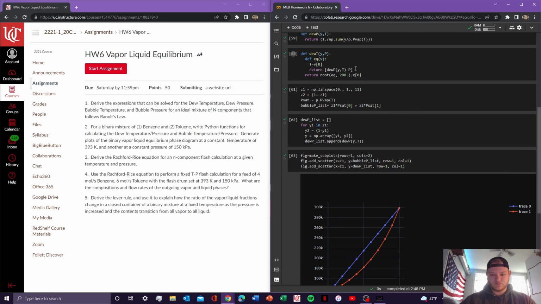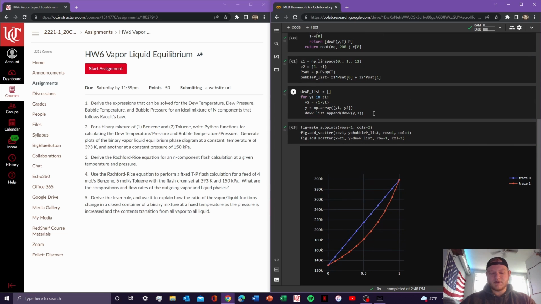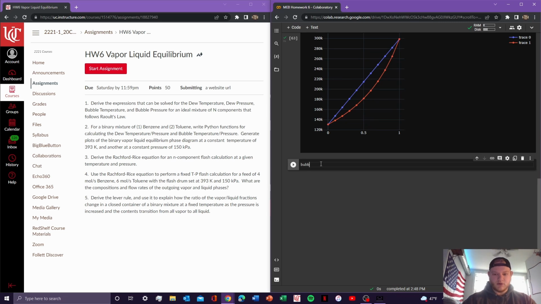So it's going to be somewhat similar to this up here, except we're going to need to do this for the bubble temperature. For, what do we want to call this? I guess it's going to be the same for both of them, so we just say xy1 and z1, xy2 equals 1 minus xy1.